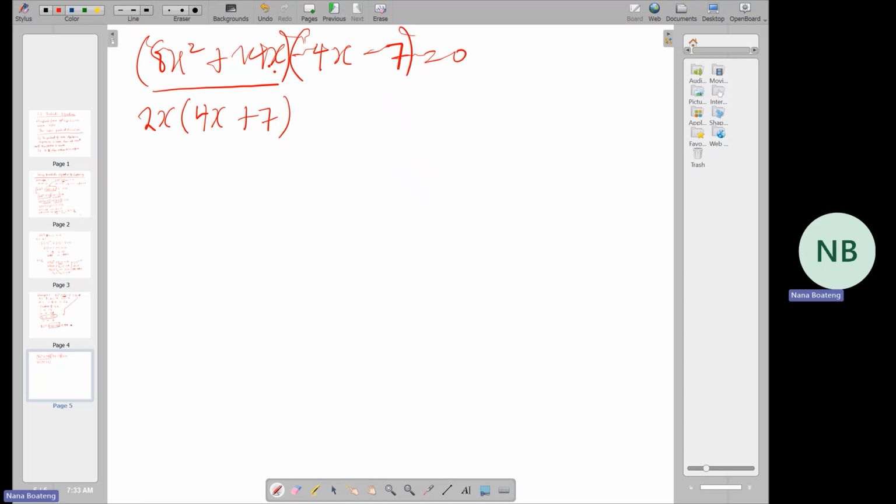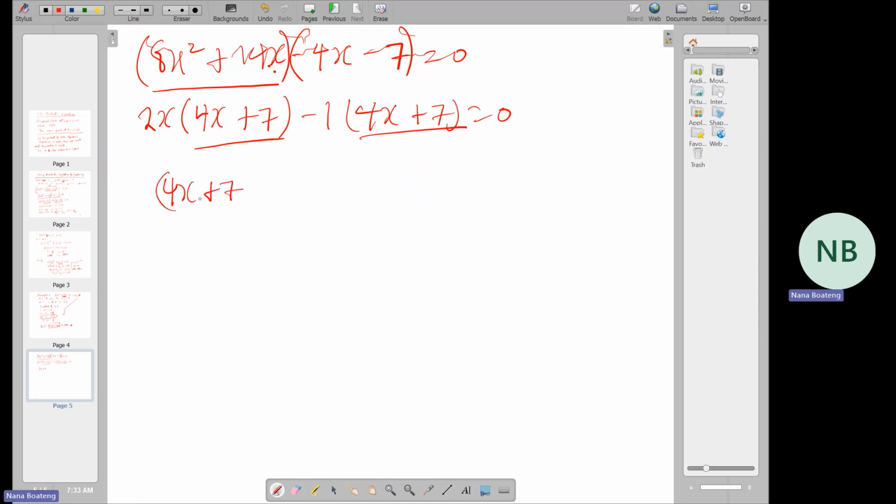And for the second parenthesis, we have negative 4x and negative 7, so we can factor negative 1 out of the third and fourth terms. So negative 1, and the remainder here is 4x plus 7, equal to 0. Now we can see that 4x plus 7 is common, so we can factor out 4x plus 7.